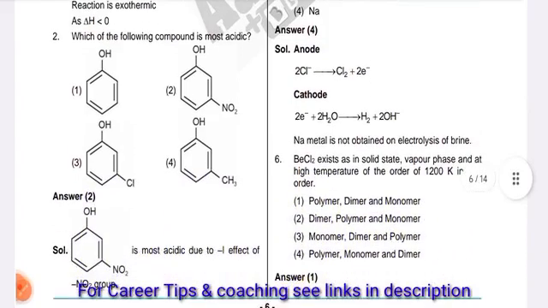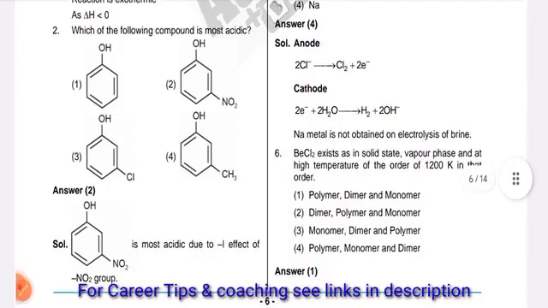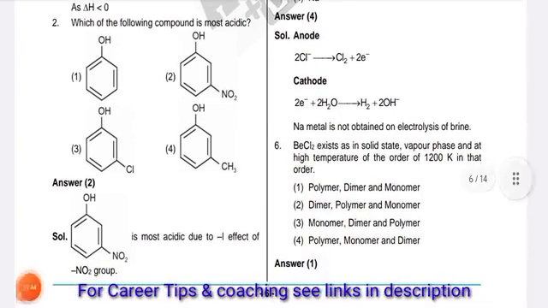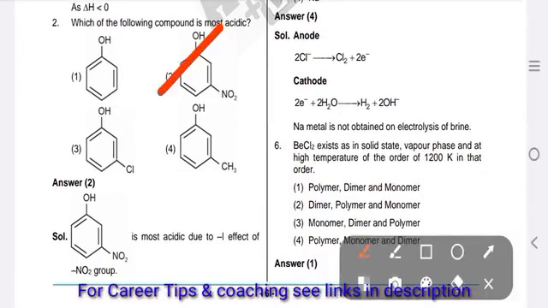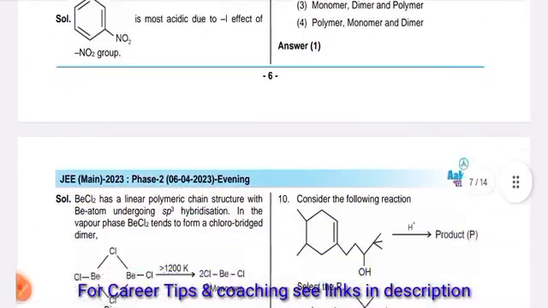And the compound which is most acidic is option 2. And beryllium chloride exists in solid state and vapor phase at high temperature of the order of 1200 Kelvin. In that, the answer is 1.